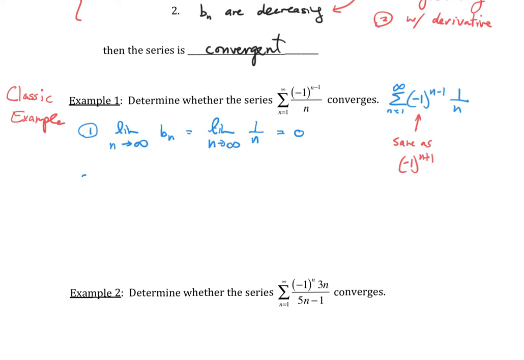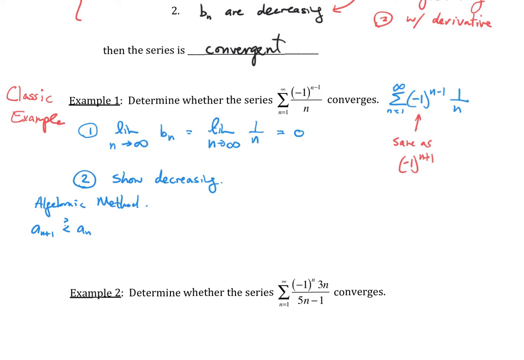All right. Let's check the second condition. The second condition is we need to show it's decreasing. And as I said earlier, there's a couple ways that we can do that. So let's say the algebraic method: we want to take a look at a n plus 1 and see, is that going to be less than a n?